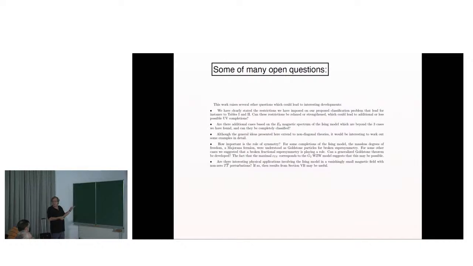Maybe that has some physical applications. I already mentioned this, the role of these fractional supersymmetries. Are there more based on this E8? I believe there probably is, but we can't prove it, and we didn't systematically analyze it.